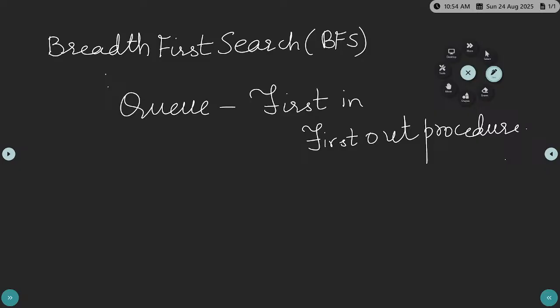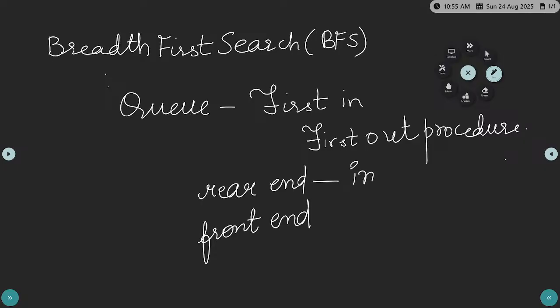It has two ends, rear end and front end. Here insertion is done. Please write down this. Insertion is done, and from here we are doing deletion.